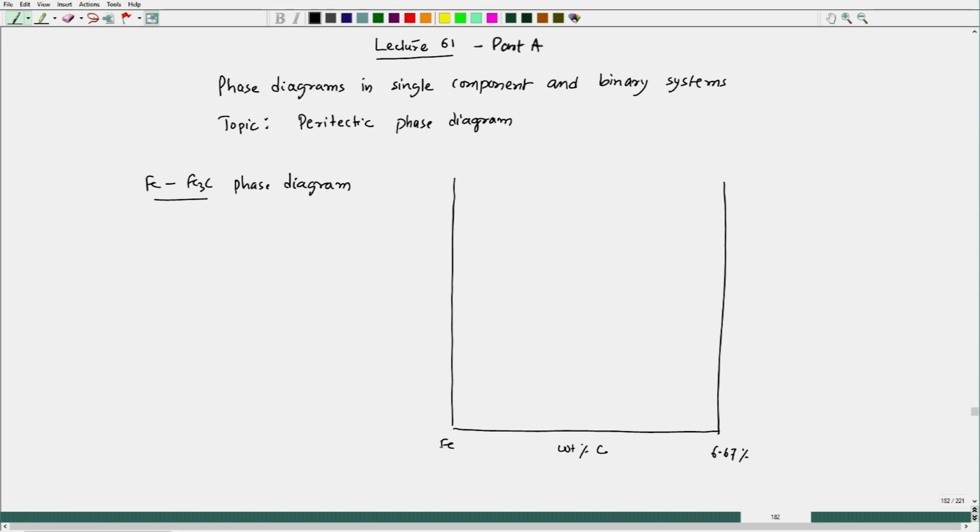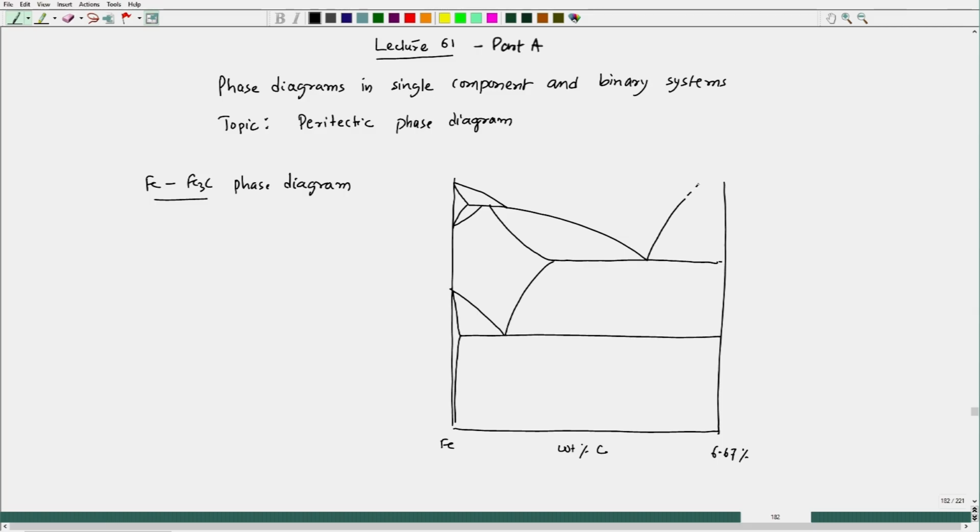This is iron rich, this is 100% iron, and the plot is like this. This one should be starting from here.